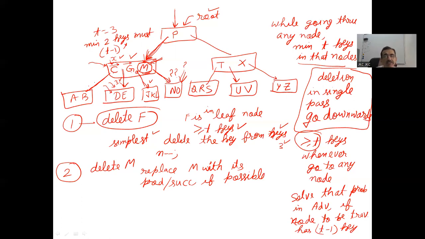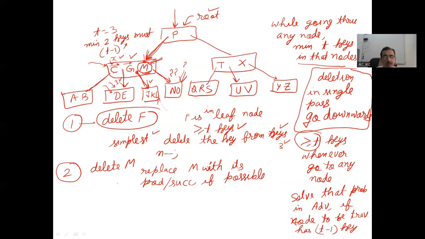Effectively, predecessor will mean that, first of all, I will go to its previous pointer, previous child. Within the previous child, the largest value will become the predecessor. In this case, L is the value, but if L has further subchildren, rightmost children, rightmost children, the rightmost value in the leaf will become the predecessor.